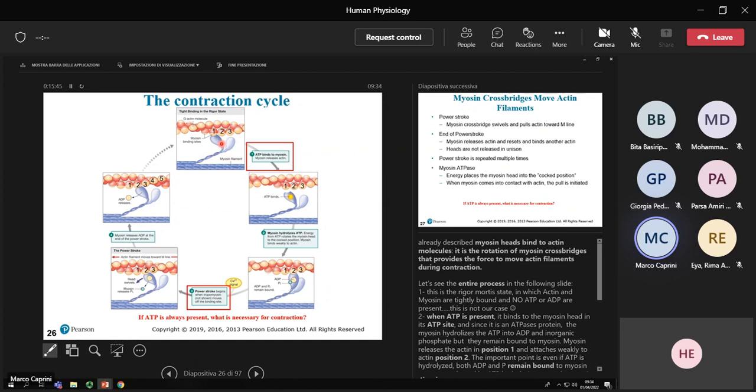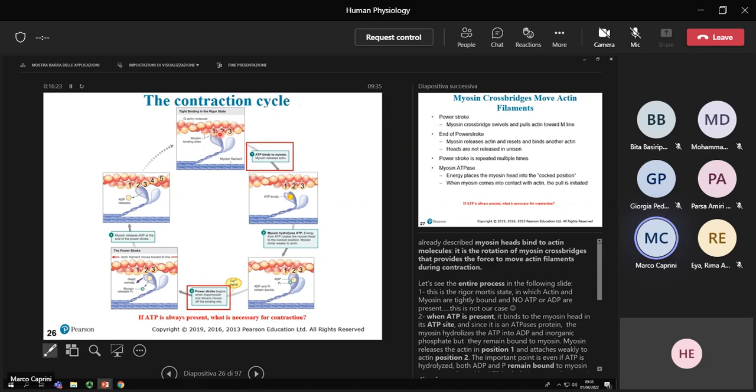We already described the myosin heads with the different binding sites for ATP and for actin. And we already also described the actin here, the globular actin units. We already described that in this molecule there is an actin binding site for the myosin, and in the myosin there is an actin binding site.